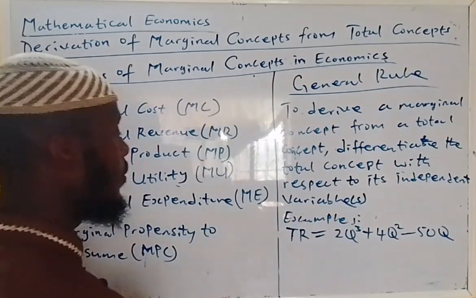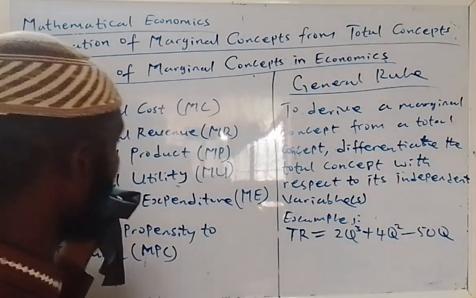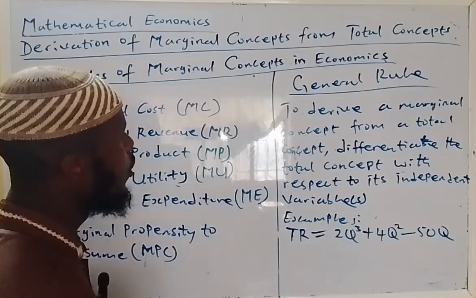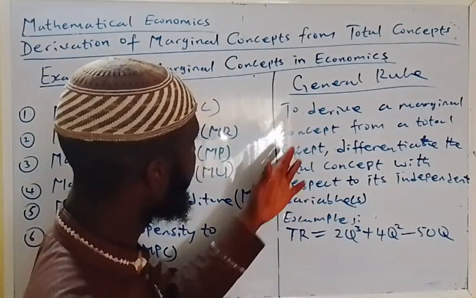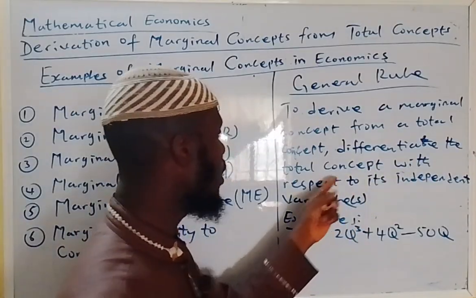Let's say this is our total revenue function. And if you are asked to derive marginal revenue from this total revenue, what do we need to do? So follow the general rule to get a marginal concept from the total concept, differentiate that total concept.